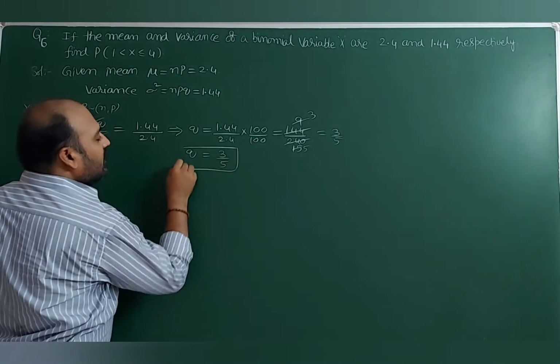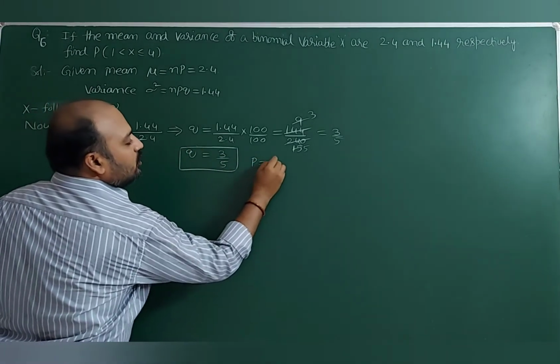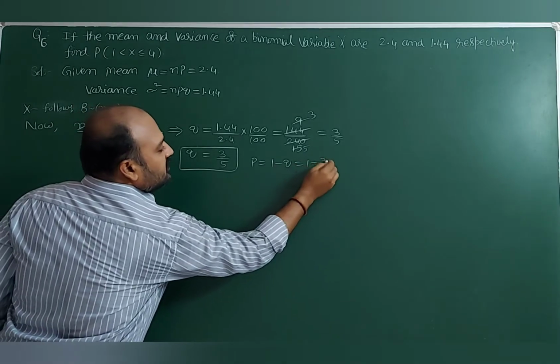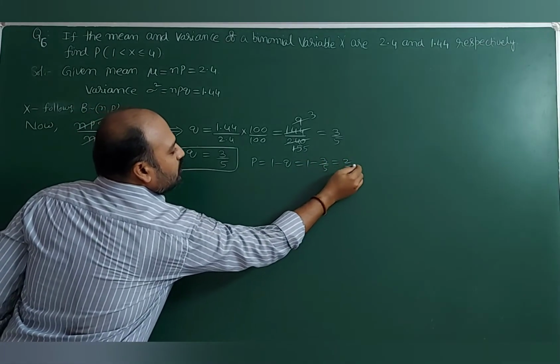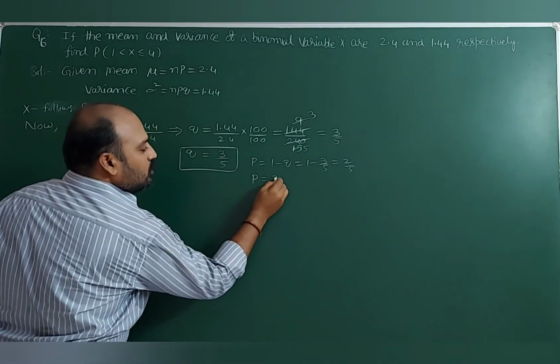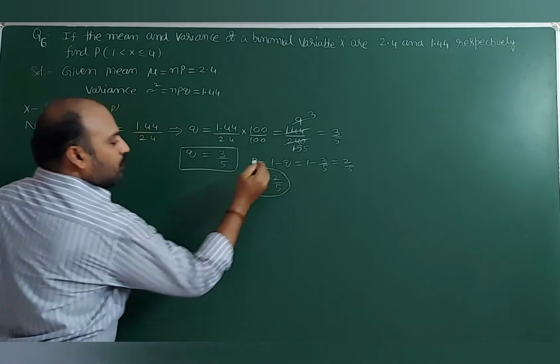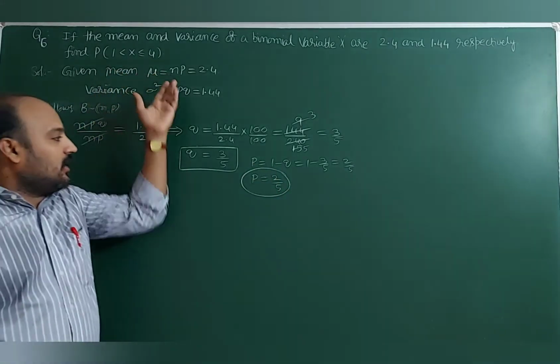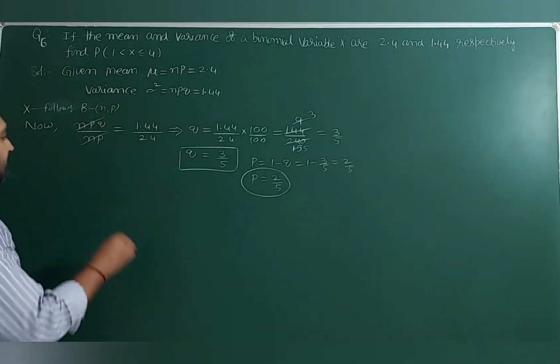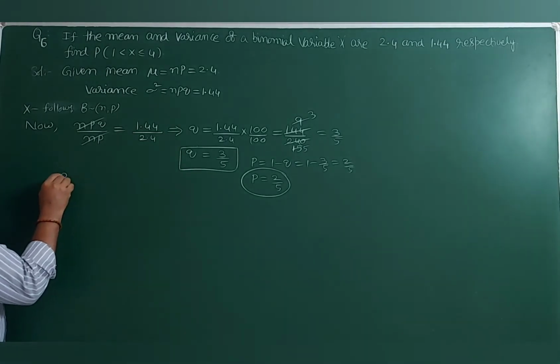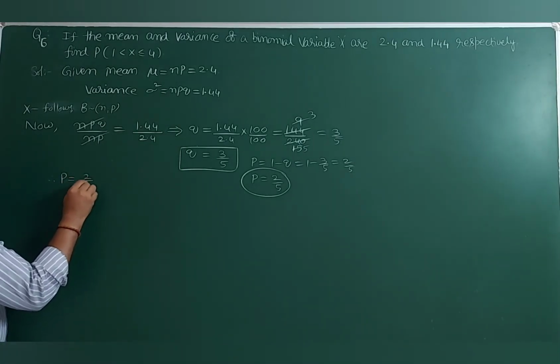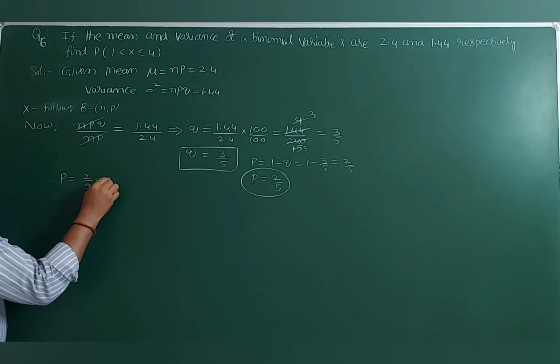Then the p value we can also calculate now. So p is equal to 1 minus q, that is equal to 1 minus 3 by 5, that is equal to 2 by 5. So p is equal to 2 by 5. Substitute the p value in NP and you will get n.